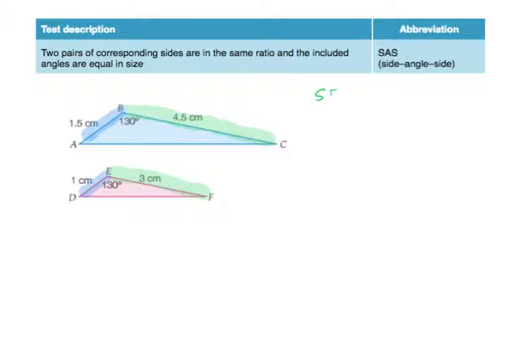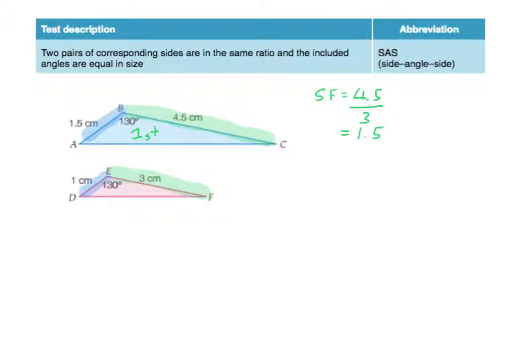So now that I know my two sets of corresponding sides, first I need to check the scale factor. This time I'm going to use the first object as my numerator. So it's going to be 4.5 divided by 3, which is equal to 1.5.